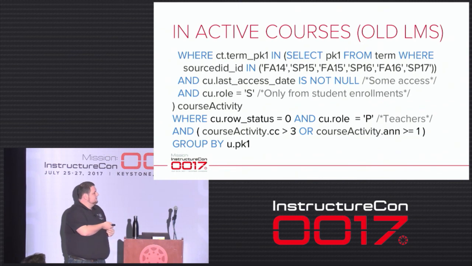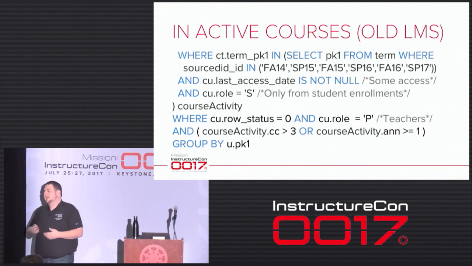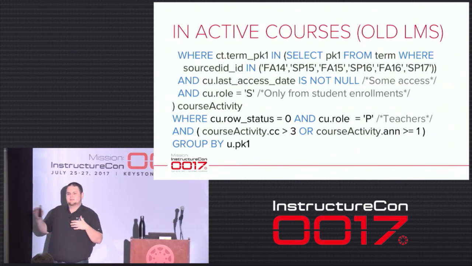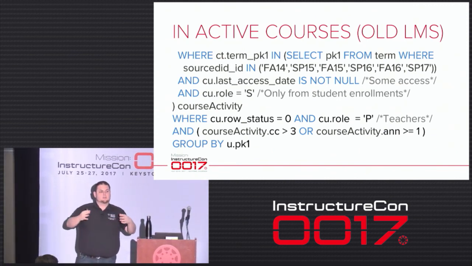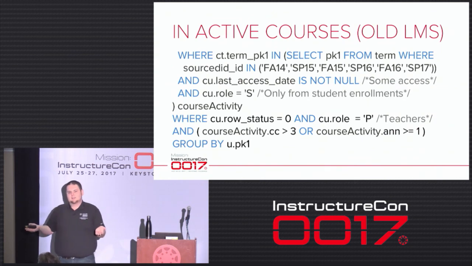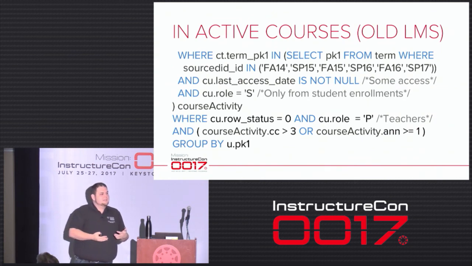And then we select only the records where the enrollment for the teacher is not deleted, and then only the records where the course has at least one announcement and a count that's greater than 3. This might be different for other universities, but our blank course template in Blackboard puts 3 records on the course content table because we put 3 empty content areas there. So to find somewhere where a teacher has added something, I look for a count greater than 3.